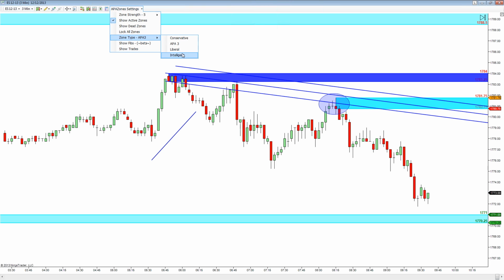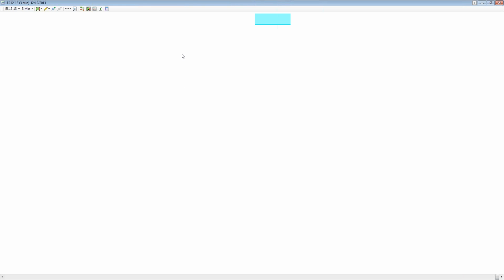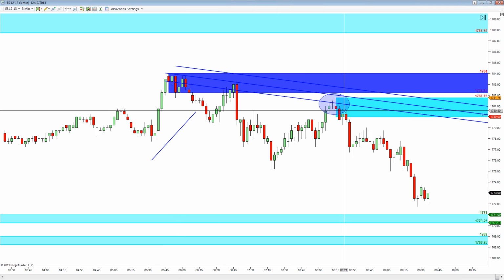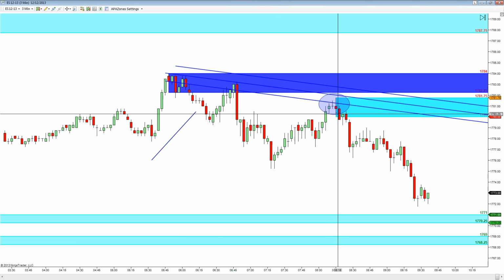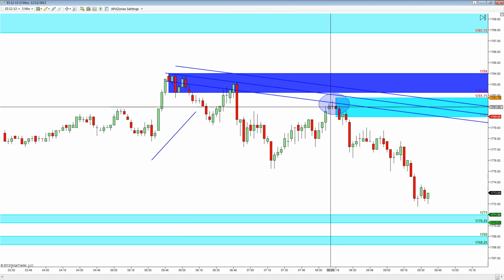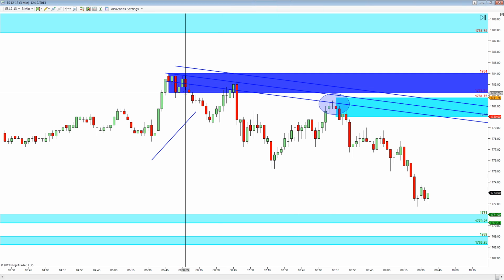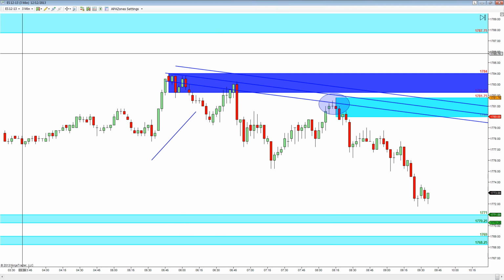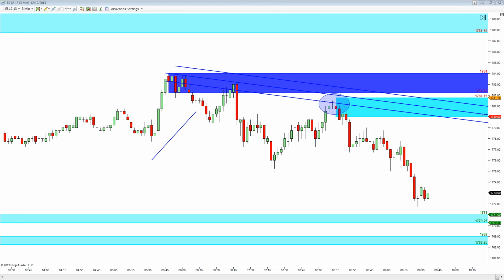If we turn it to intelligent, the current intelligent, you can see how much bigger both of those zones are. So that's another big change. I hope that makes sense. And over here in TradeStation, we have done the exact same thing.